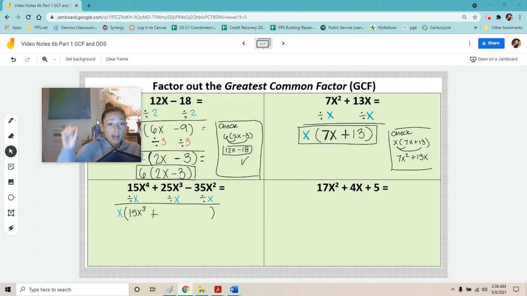So if I have x times x times x, and I divide out a single one, I'm left with x times x, which is x squared. And then negative 35x squared, that's x times x, and I divide out a single x, so I'm just left with a single x on there.